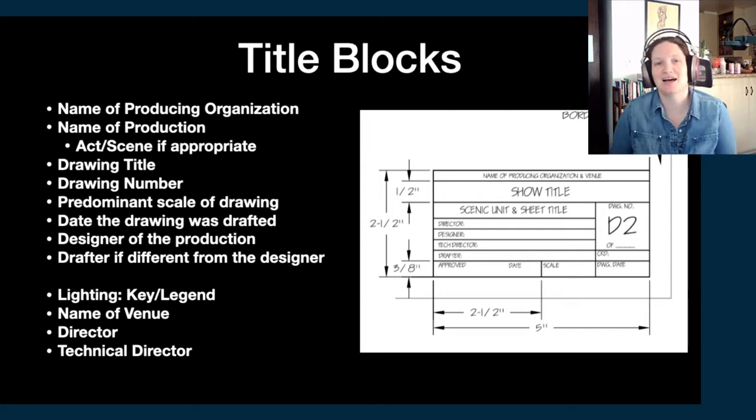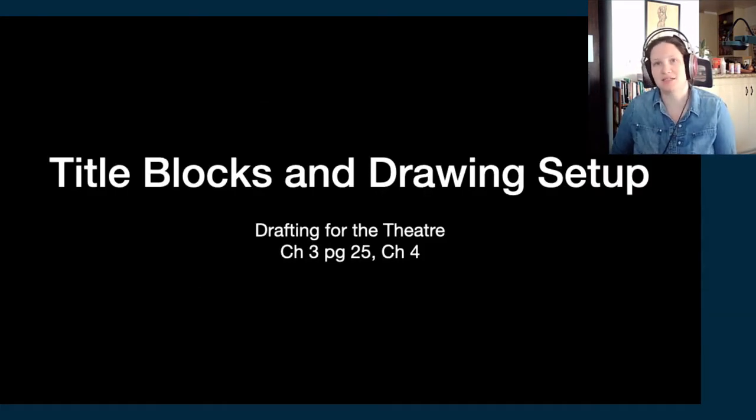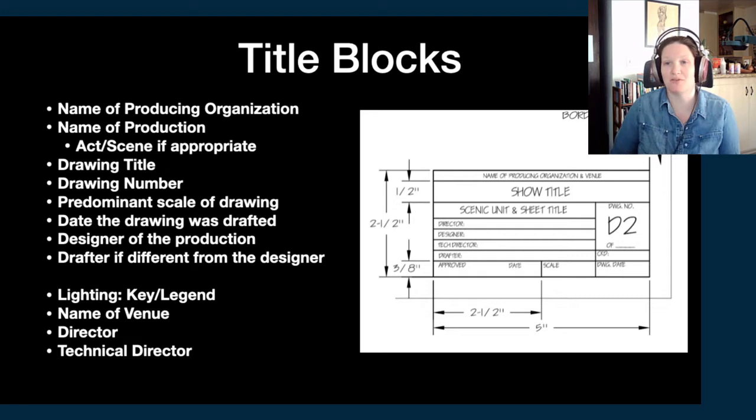Title blocks. I have slides for this, y'all. It's a great thing. So title blocks and drawing setup, this is also in the book. It's on a slightly different page in one of the chapters we've already looked at. And this is an example of a title block.